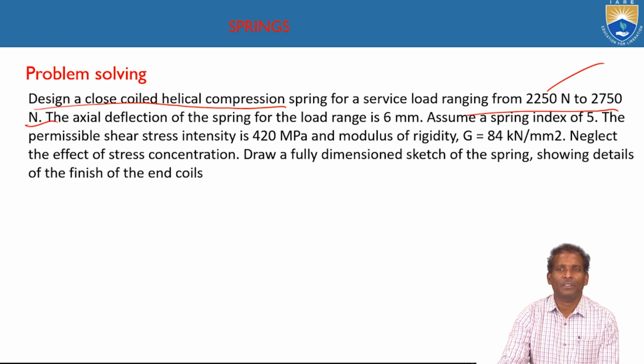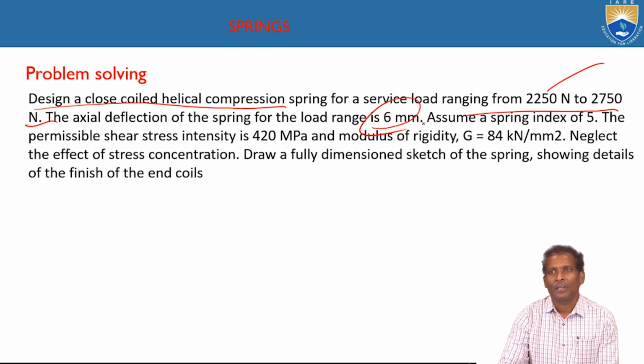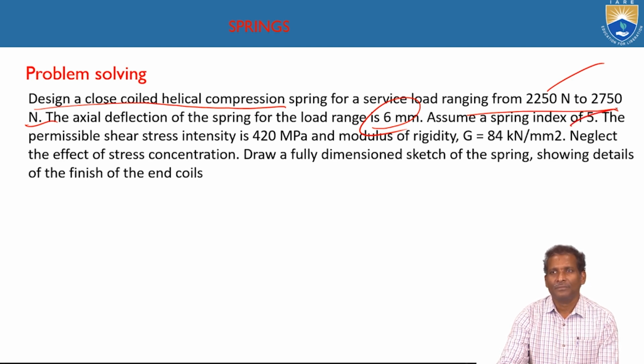The axial deflection of the spring for the load range is 6 mm. Assume the spring index is 5. In this problem the spring index is directly given. If the spring index is not available in a given problem, you can assume it for the given material.